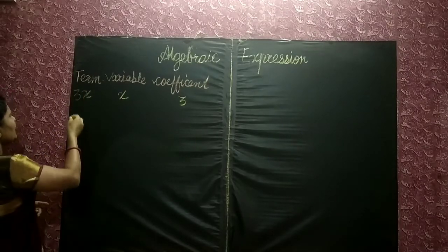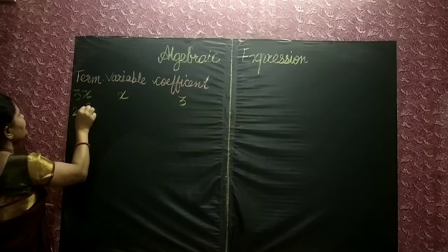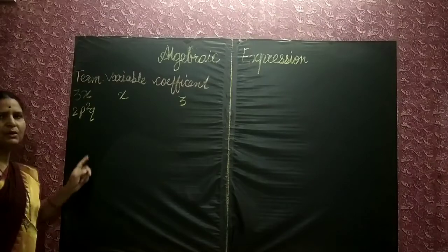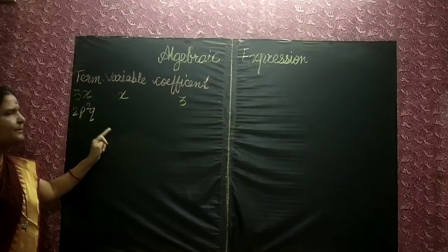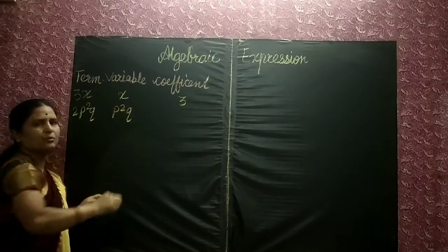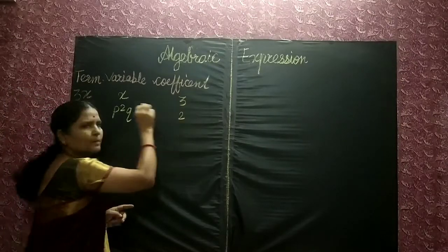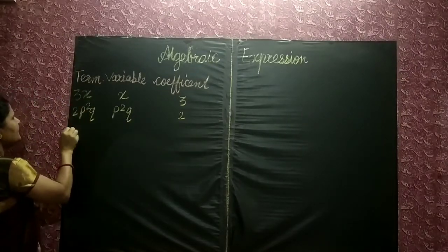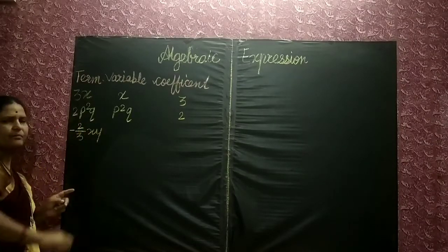Now one more example: 2p square q. Here, which is the variable? The variable is p square q, and the coefficient is 2. Now, negative 2 upon 3 xy.